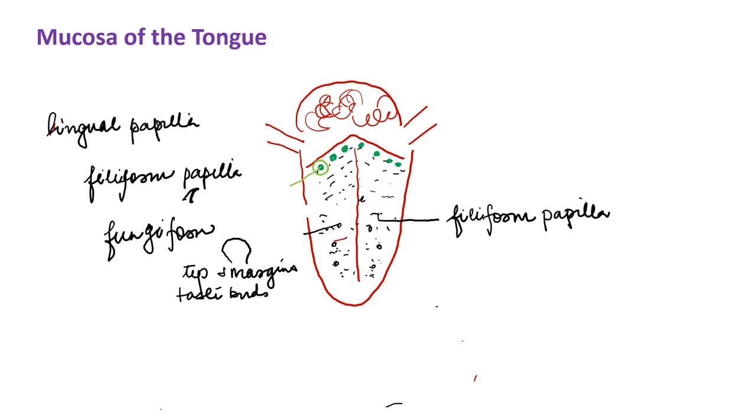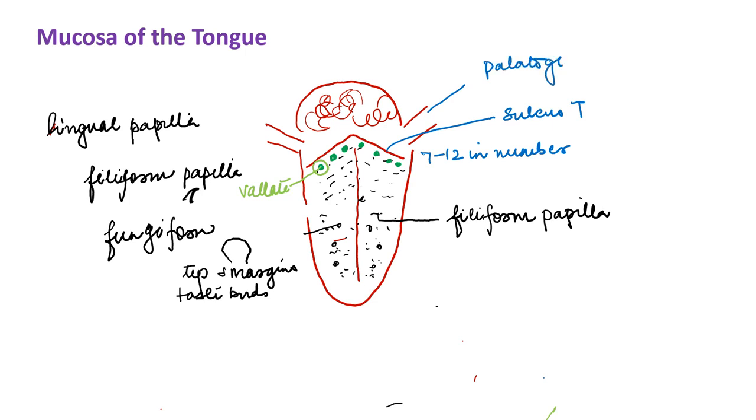So these are known as the vallate papillae. The adjoining walls, both of the trench as well as of this structure, together are called the vallate papillae. In these are present taste buds. So they are 7 to 12 in number, present anterior to the sulcus terminalis. So this is the sulcus terminalis, and this was the palatoglossal arch. Better developed in hare and rabbits as compared to humans.